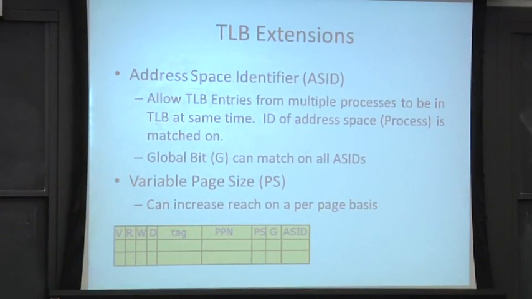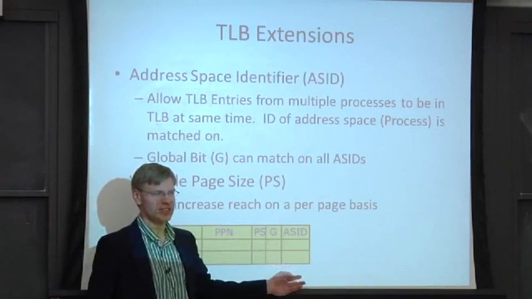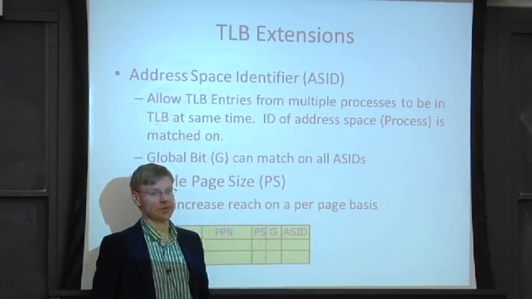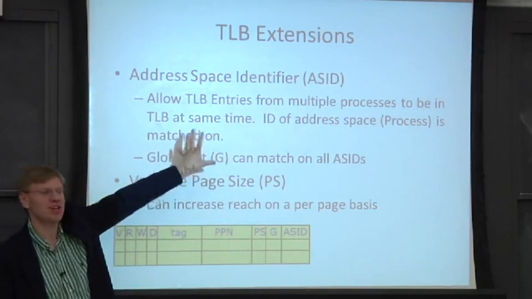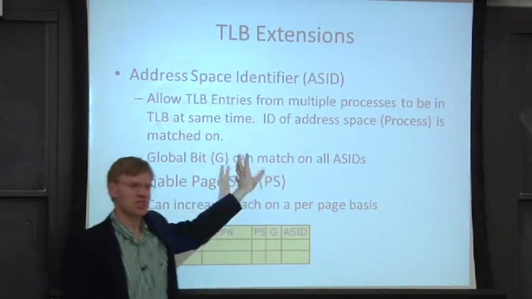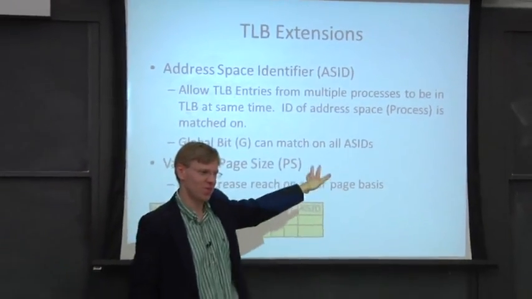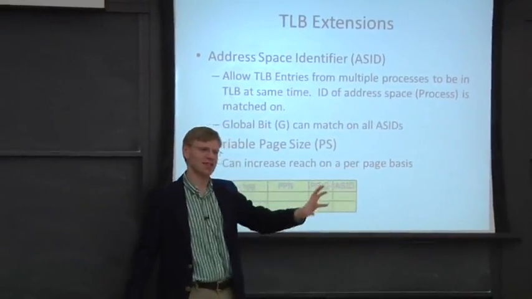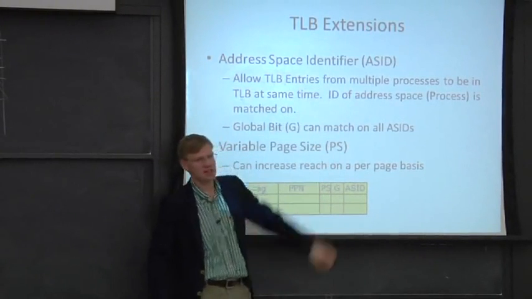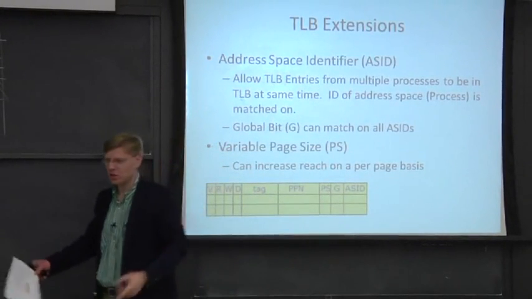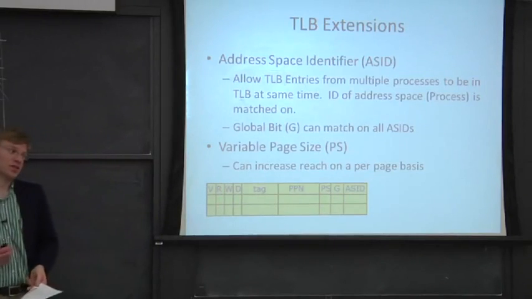So a solution to this is to add extra bits into your TLB which say which process a particular entry in your TLB belongs to. We're going to call this an address space identifier. We're being a little bit more general than a process identifier here. Some operating systems will use some bits of the process identifier as the address space identifier, and some don't, but you can think of this as something which uniquely identifies the address space.